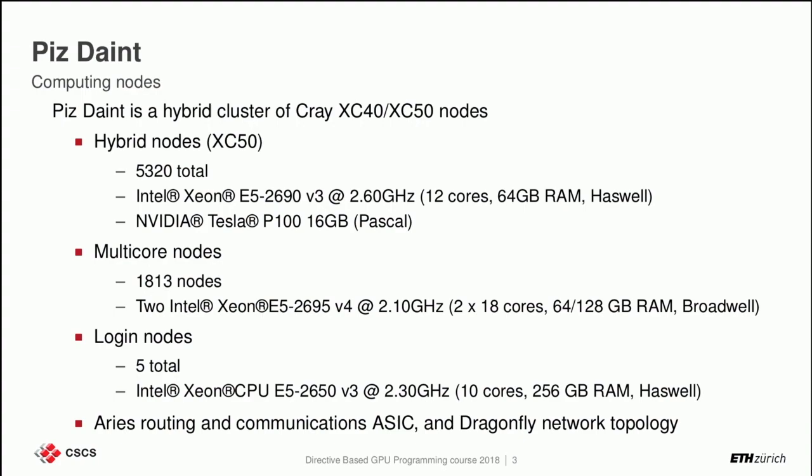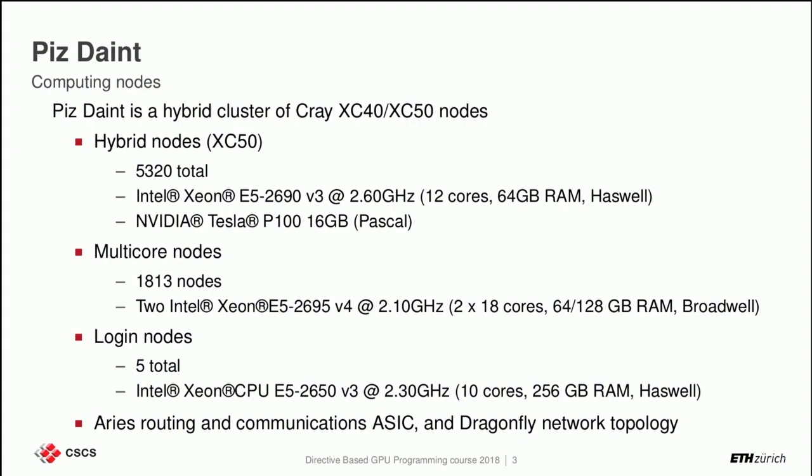Each node, as you remember from my introductory slides, has one Haswell CPU of 12 cores and one NVIDIA Pascal GPU. And then we have the multi-core nodes, which is 1,813 nodes, with two Broadwell processors, so it's for multi-core jobs.